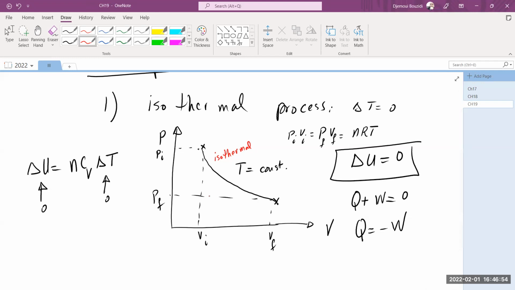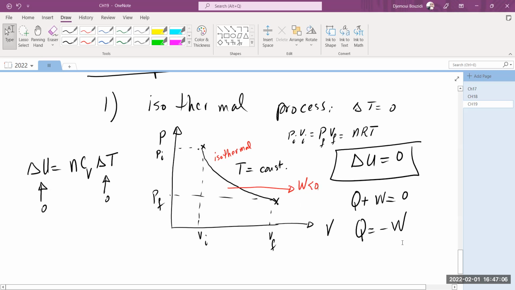for doing really an expansion in an isothermal process, W, the work done, is going to be negative. According to this expression, if W is negative, Q better be positive. Because if I add the two of them, they will give me 0. Because there is no change in temperature, there is no change in energy.